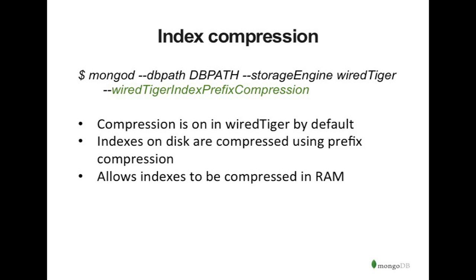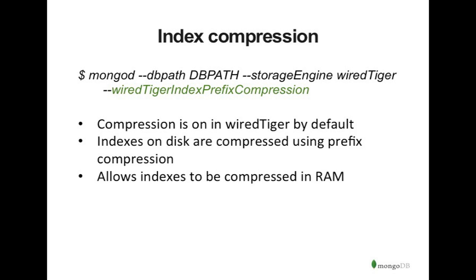WiredTiger also supports a variety of compression to suit your needs. By default, indexes are compressed using the prefix compression algorithm. So you don't have to specify it, although I've given an example here in green of the command line option to use when starting MongoDB. The index compression is on in WiredTiger by default.